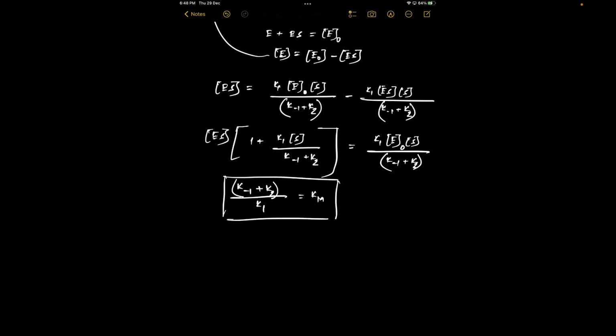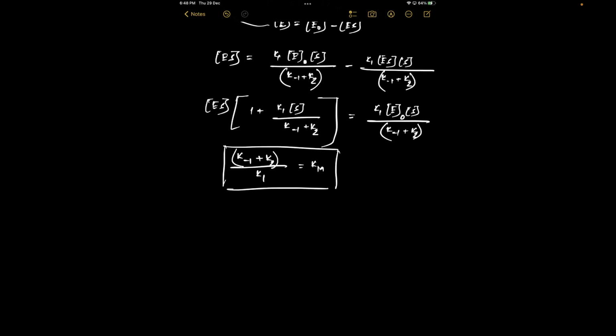So again let's write it down, ES times 1 plus Km by S, right, equal to E0 divided by Km.